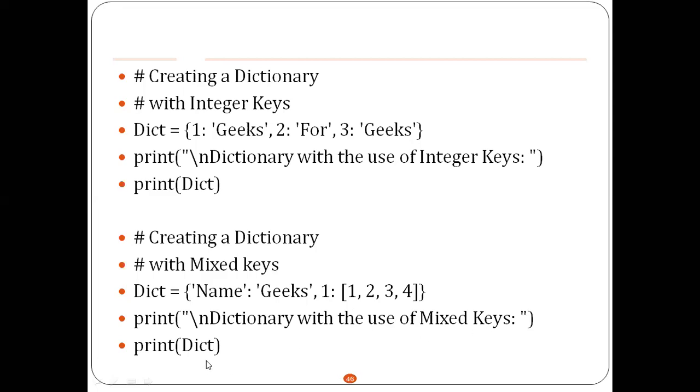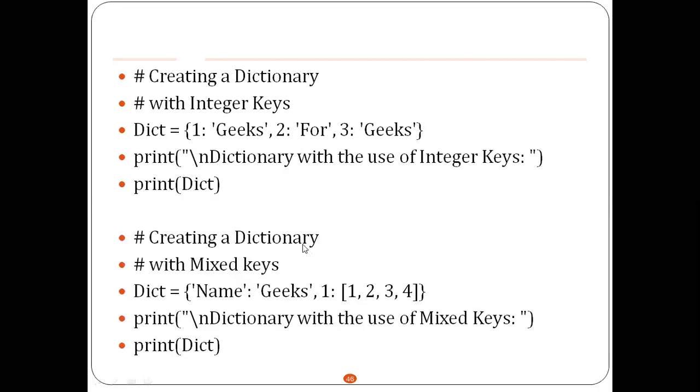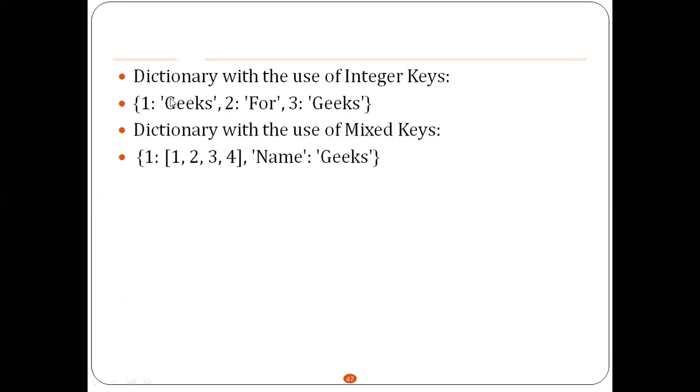So I have to display it. In the first case, we have only integer keys, and in the second example, we have both string as well as integer keys. You can have mixed keys as well. The output looks something like this. In the first case, 1 gigs, 2 4 and 3 gigs, so we are displaying it correctly. But in the second case, look at this, we have a mixed key.